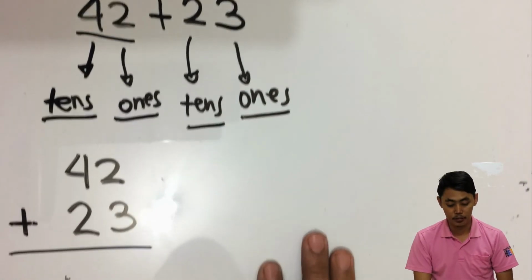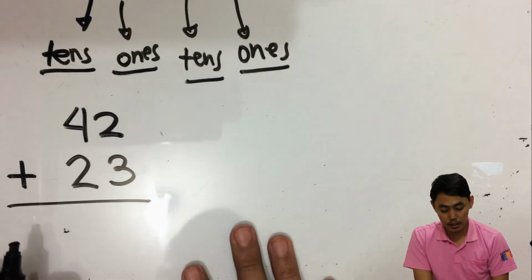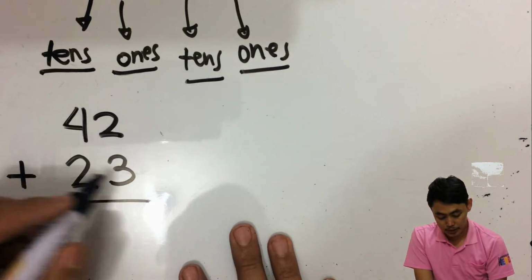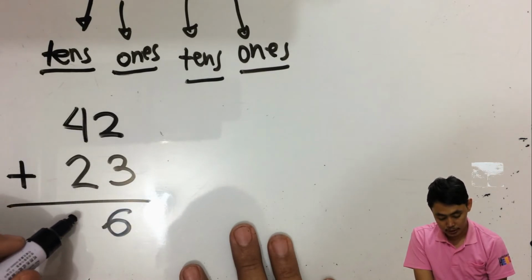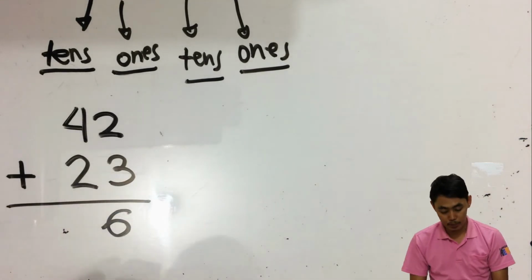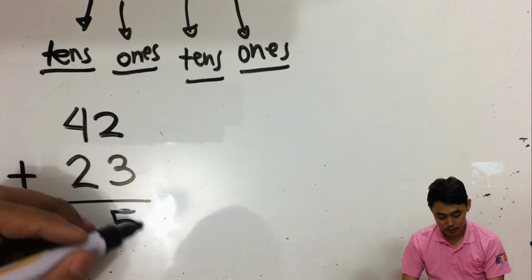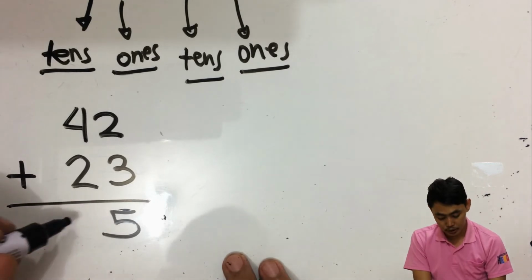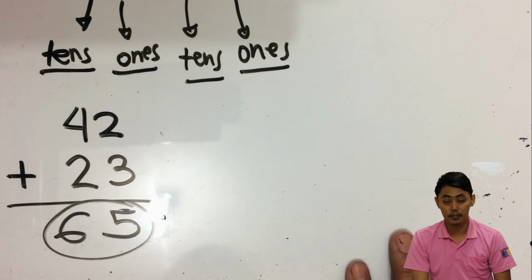Now let's get the sum of these two numbers. So 42 plus 23, 2 plus 3, that is 5, and 4 plus 2 is 6. So the answer here is 65.